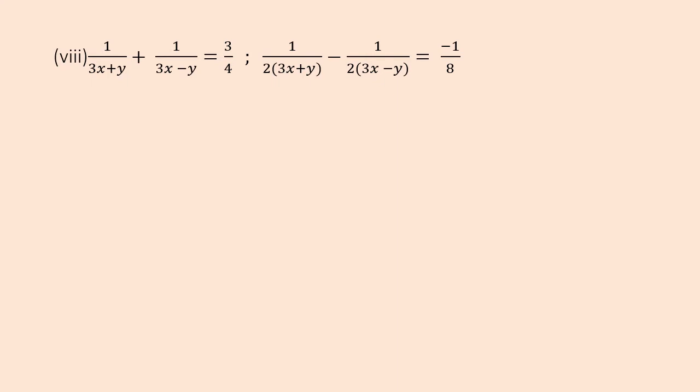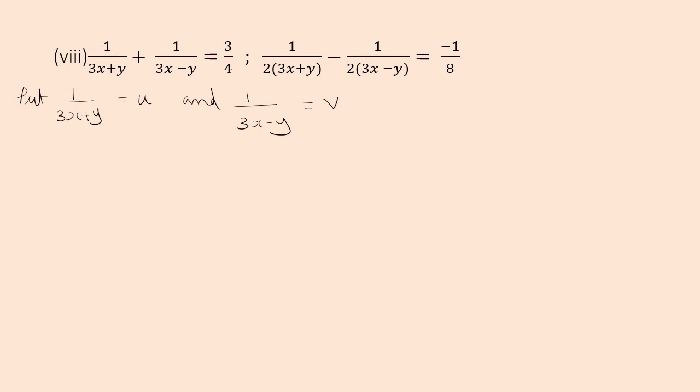Here the given equations are not in their standard form and both the equations are having the terms 3x plus y and 3x minus y. So first step we have to put 1 upon 3x plus y equal to u and 1 upon 3x minus y equal to v.